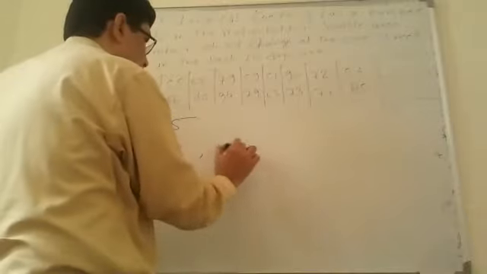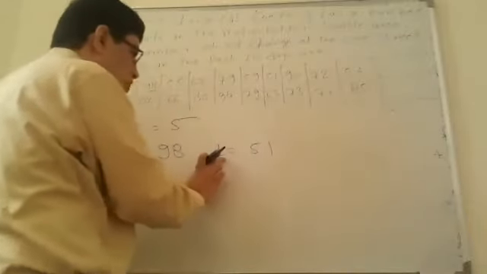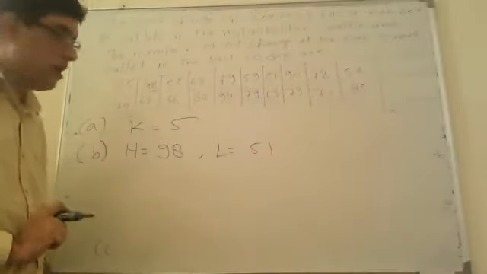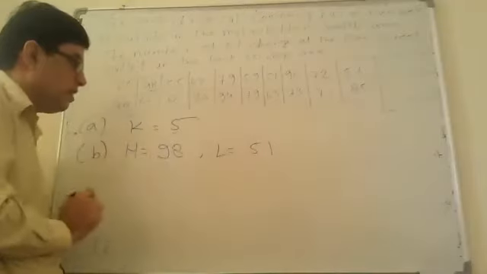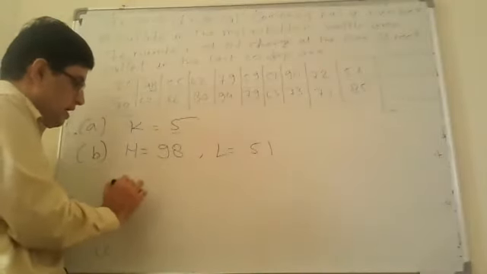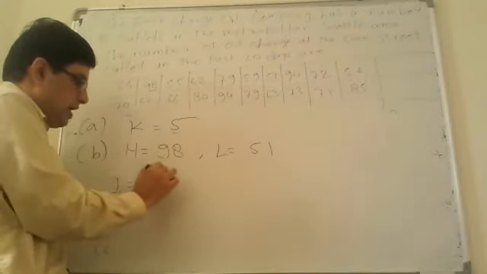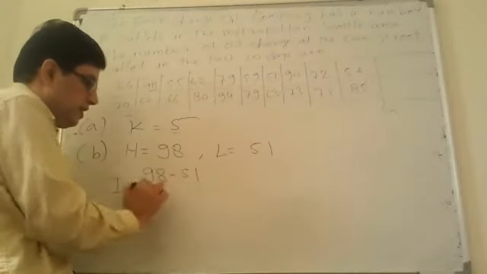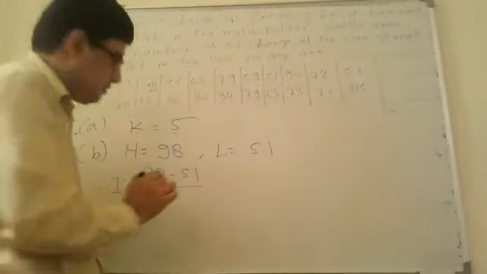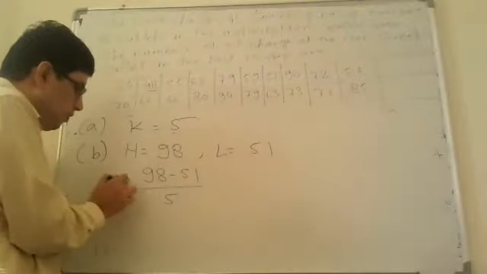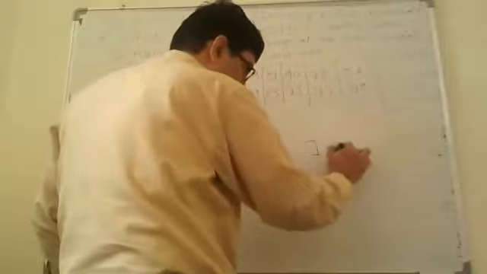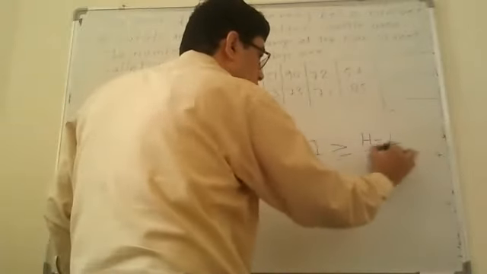So L is 51. L is the lowest value, H means the highest value. K we already found. So the class interval I is equal to (98 minus 51) divided by 5. I should be more than or equal to this value.